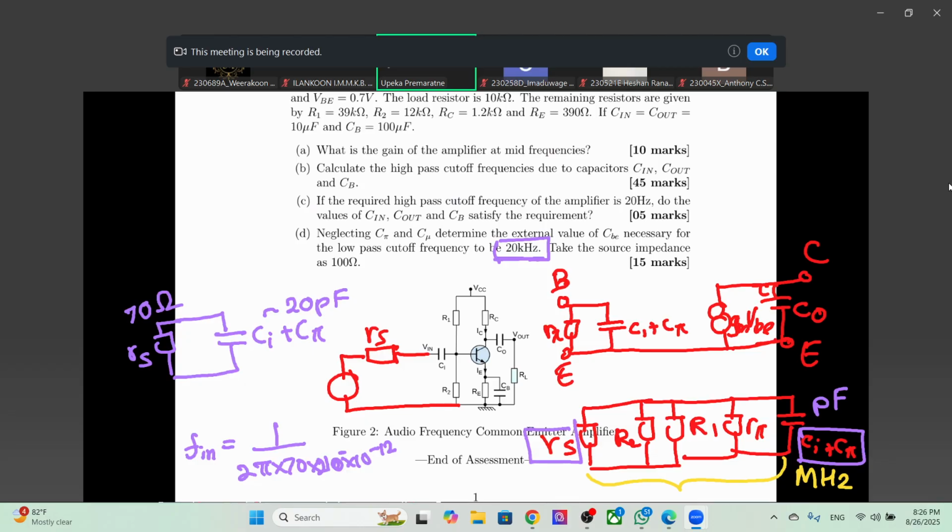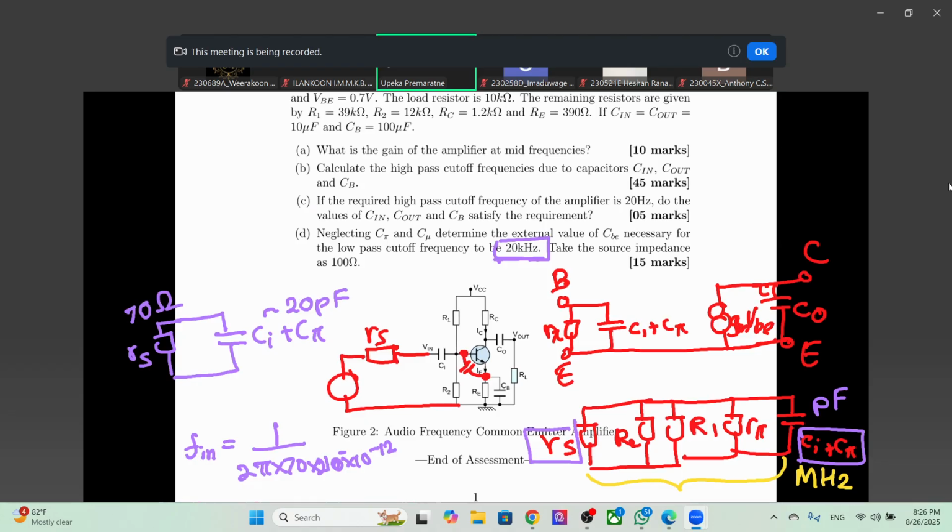So what we have to do to achieve that is connect an external capacitance between the emitter and the base of the transistor.